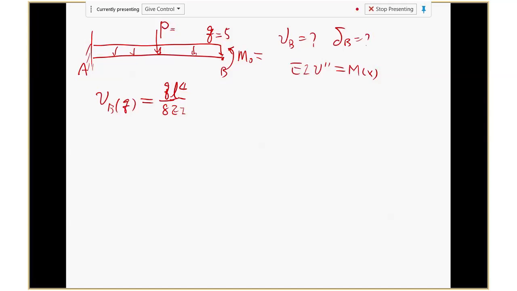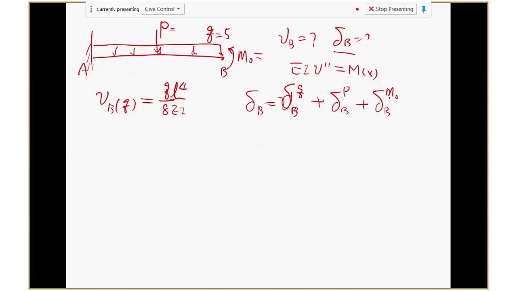Let me switch quickly over so you can see. I copied down this equation here because I know this delta B will be equal to the delta B from load q, plus the delta B from load P, plus the delta B from load M0.